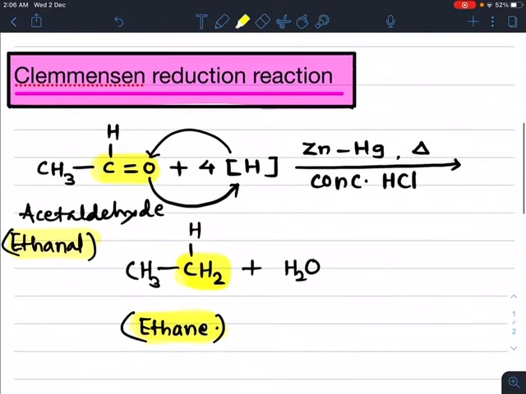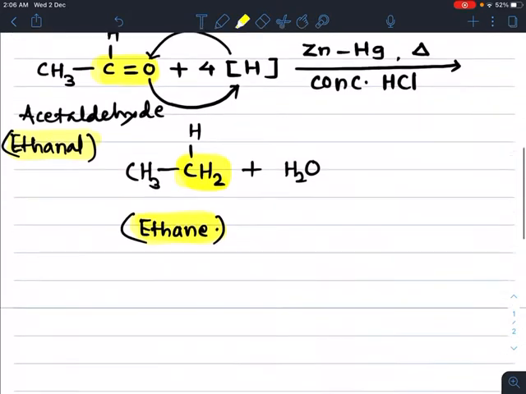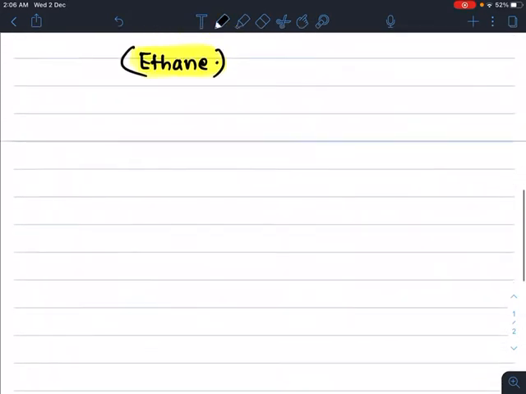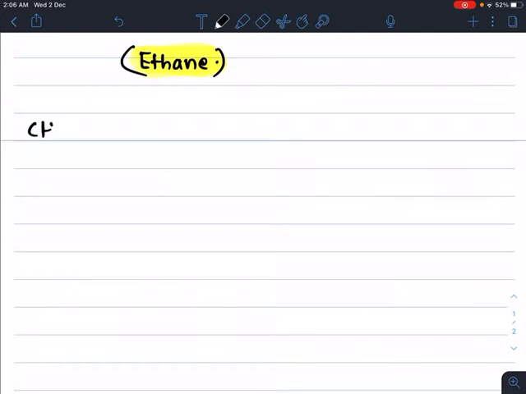Now instead of acetaldehyde, if we take another aldehyde, propionaldehyde. How to write the formula of propionaldehyde? Prop means 3 carbon, so arrange 3 carbons in a straight chain. One of them is a CHO group and the remaining valency of each carbon is completed by hydrogen.